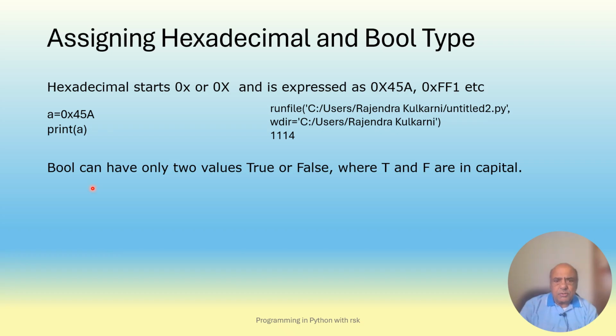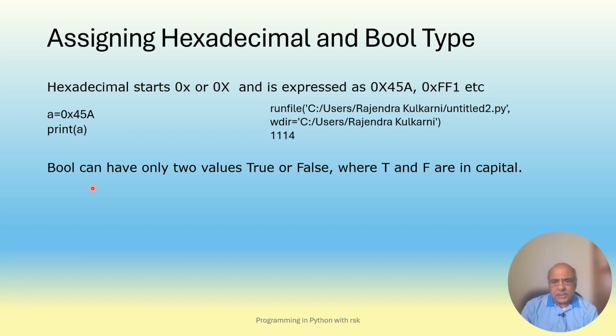The bool can have only two values, true or false. In Python, when we assign true or false to a variable as a bool value, then T and F must be in capitals. If we try to assign 0 or 1 to a variable, even though our intention is to assign a bool type 0 or 1, the compiler treats it as an int value.